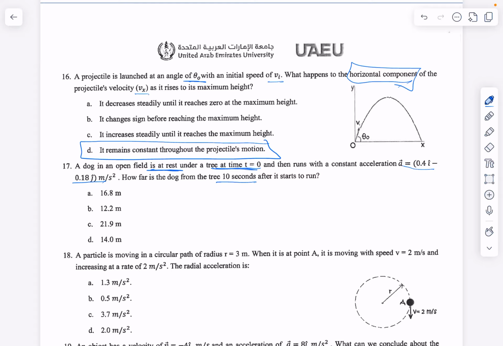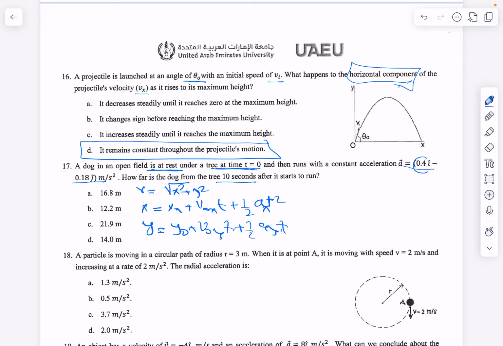Now, how far means we need to calculate r, which is the square root of x squared plus y squared. To find x, x equals x naught plus v naught x t plus 1/2 a x t squared, and y is y naught plus v naught y t plus 1/2 a y t squared.